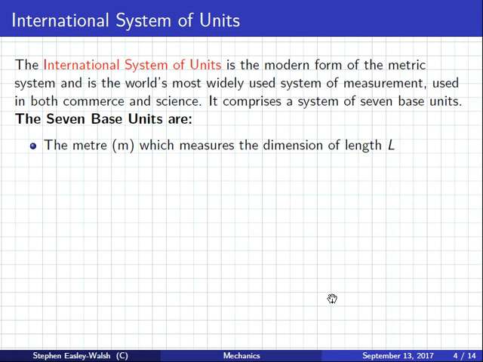Okay, so we're going to write these 7 down. So these are the 7 basic units. The first one is meter. I would hope you all know this one, otherwise we have a problem, a big problem.